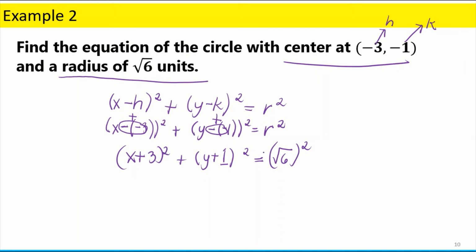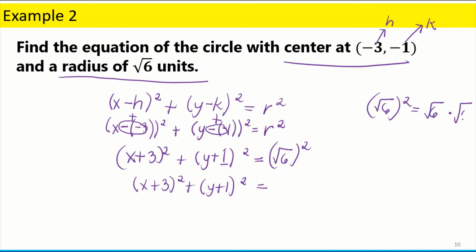So, simplifying further for the radius part, we have (x + 3)² + (y + 1)² equal to the square of the square root of 6. When we have square root of 6, we have square root of 6 times square root of 6, which is square root of 36, and the square root of 36 is 6.